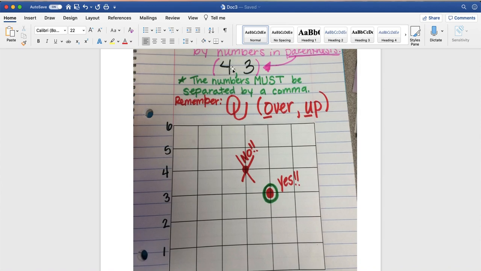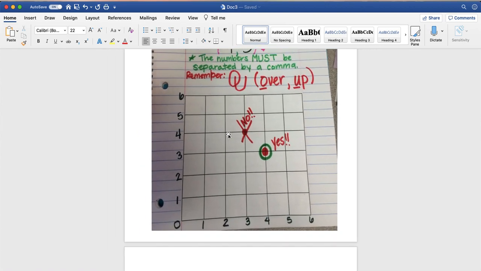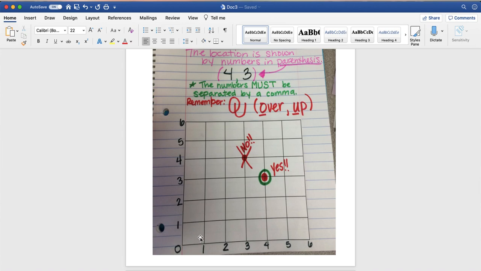So this is telling me run 4 spots. Okay, I did that. 1, 2, 3, 4. So I stop here. Now I need to know how high do I need to jump. This is telling me jump 3 spots. So 1, 2, 3. And that's where we get my point, right over here.